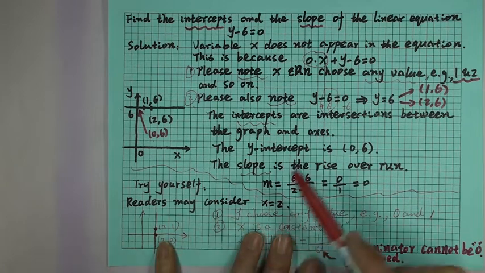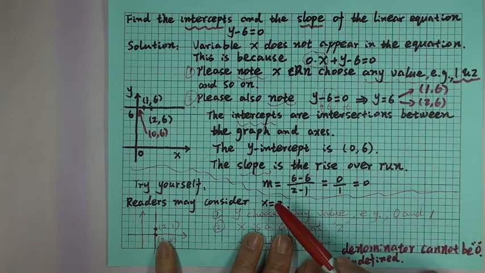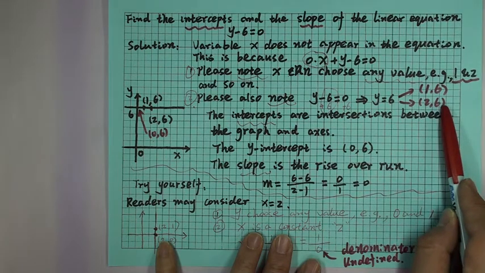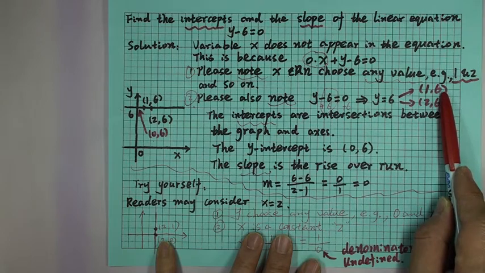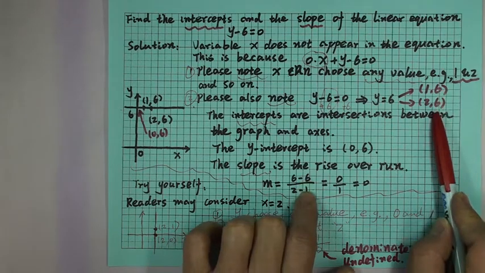Again we use those points 1, 6 and 2, 6. Then rise from 1, 6 to 2, 6. Rise is the vertical direction, to see the change of amount of y. That's 6 minus 6.